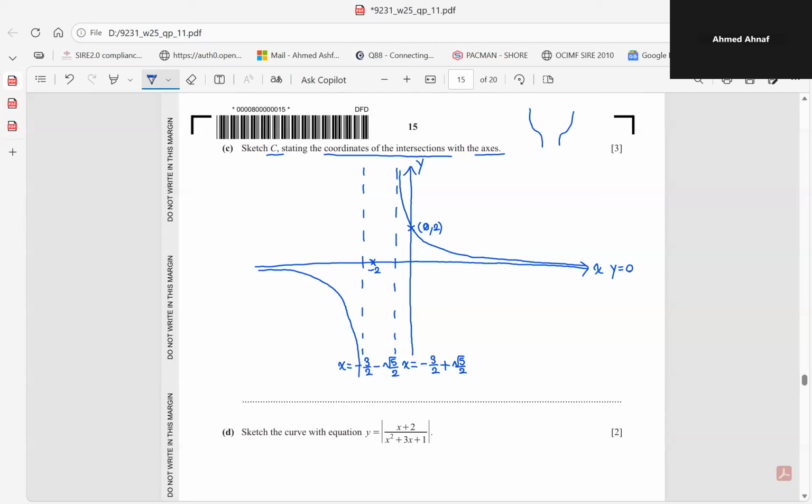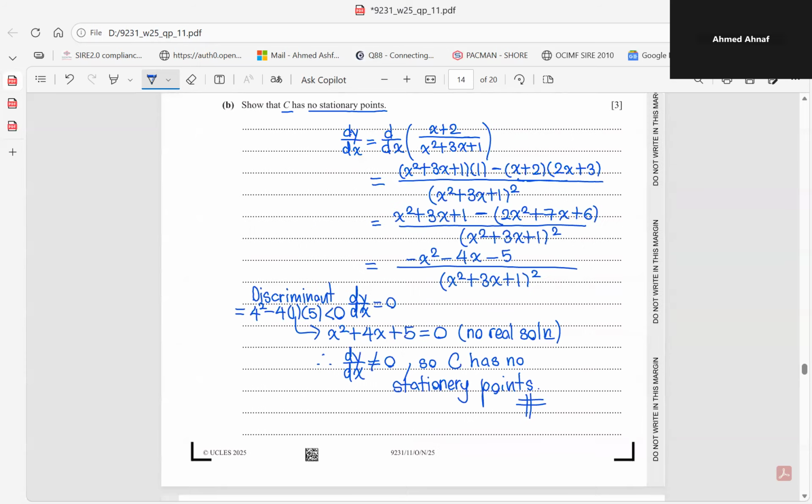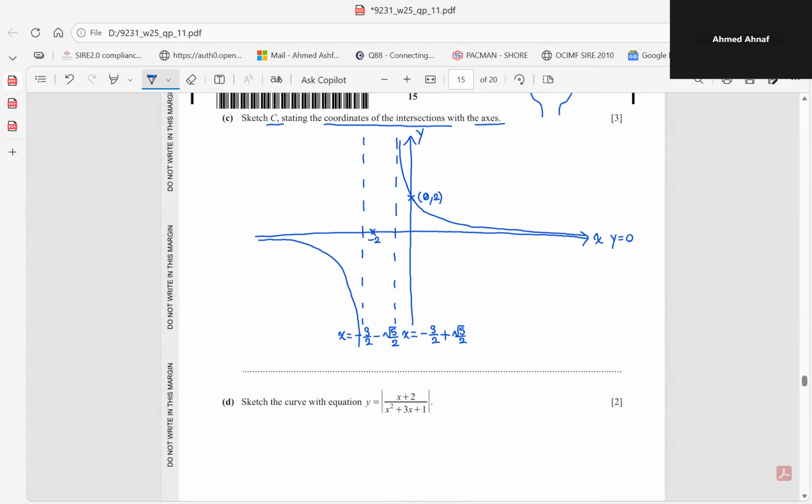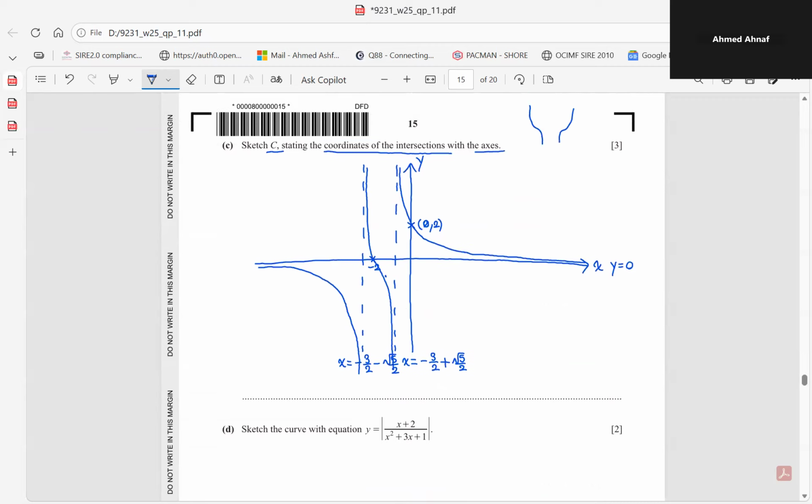To figure that out, just substitute a value greater than -2, but between the range. So we can substitute x equals -1. So -1 plus 2 over -1 squared plus 3 times -1 plus 1, you'll get -1, which is somewhere here. So this can probably be something like this. Yeah, so this is how it can be like.